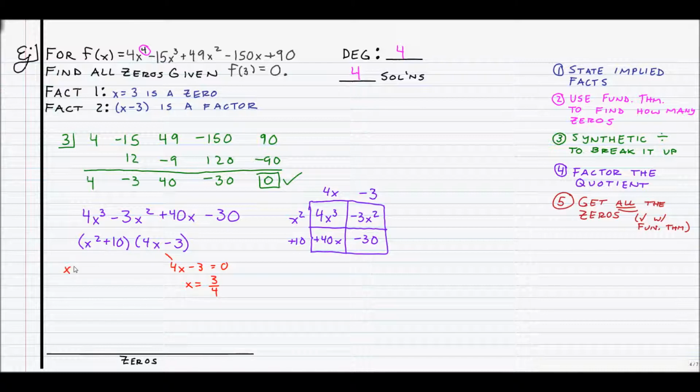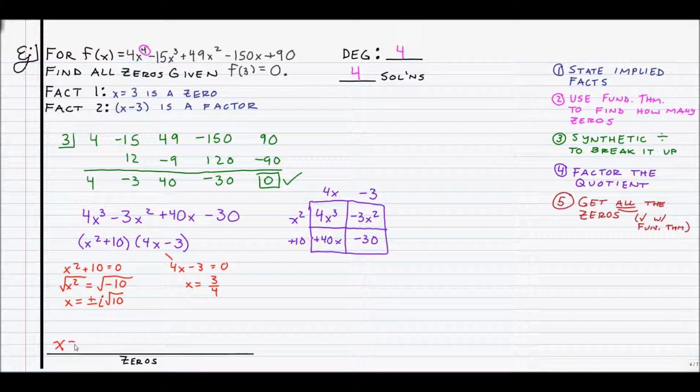On this side though, if x squared plus 10 equals 0, that means x squared is going to equal negative 10, so when we use the square root method, we get x equals plus or minus the square root of negative 10. Well, the square root of negative 10 doesn't exist, so of course that means we need an i times the square root of 10.